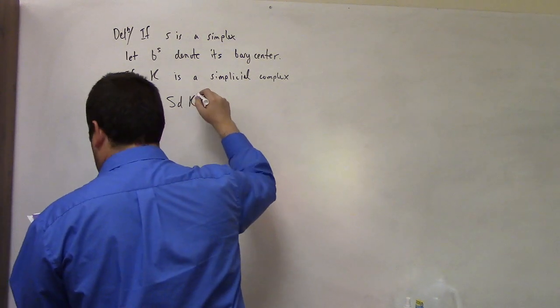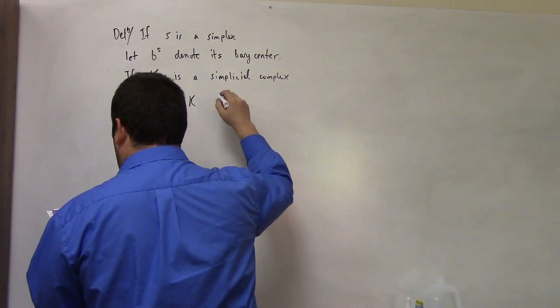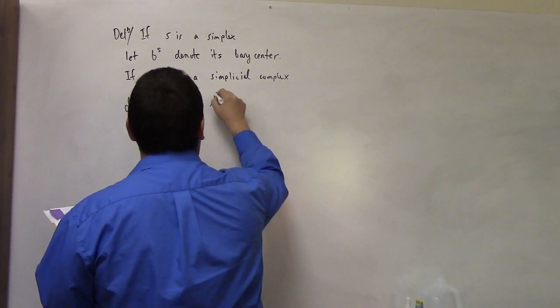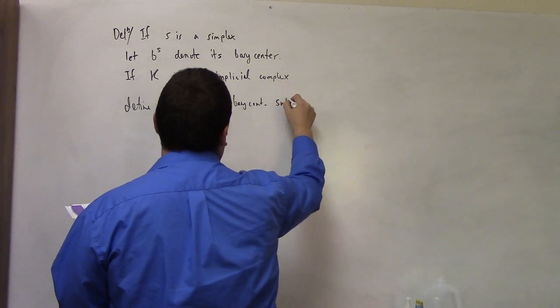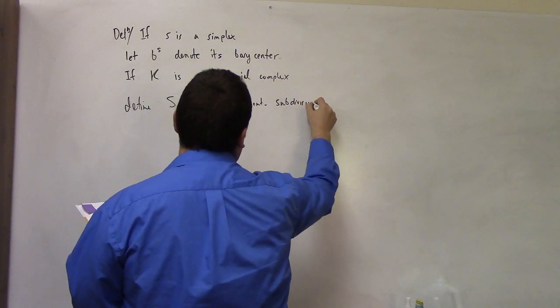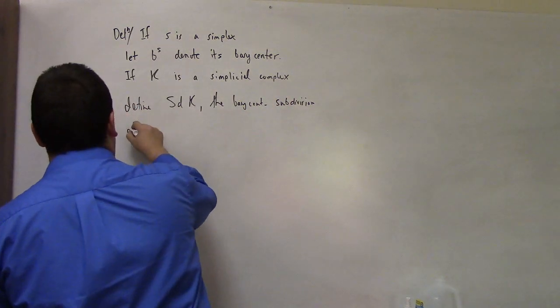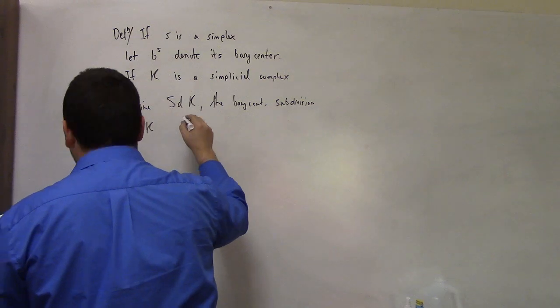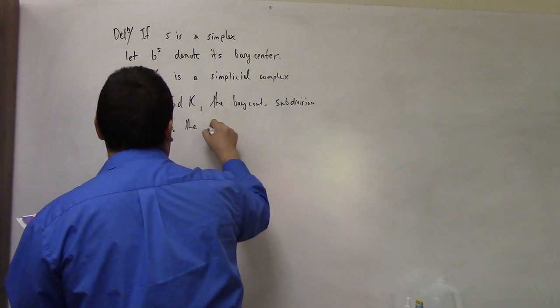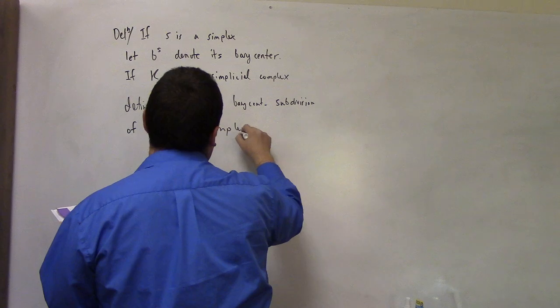SD(K), the barycentric subdivision of K. How do we do this? It's the simplicial complex. So many words.